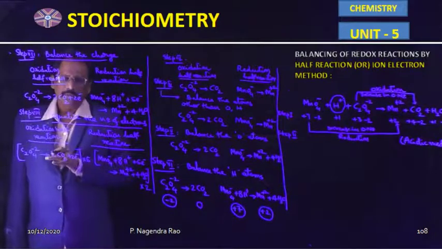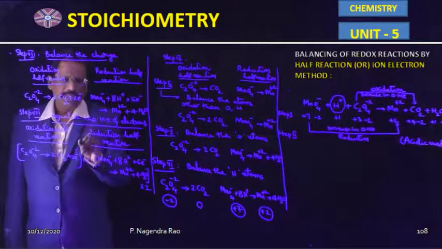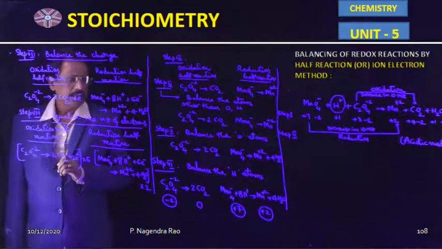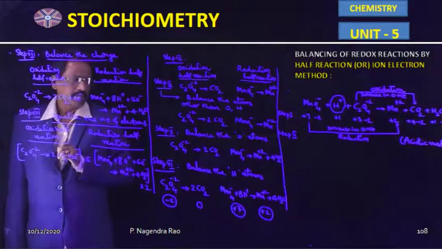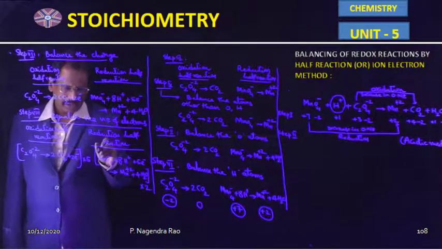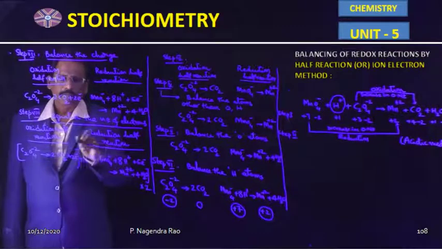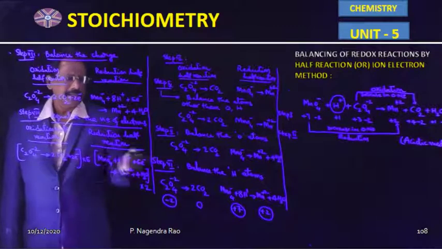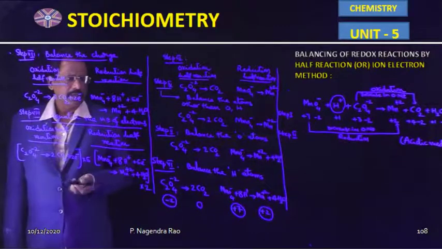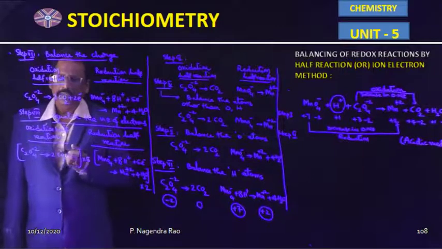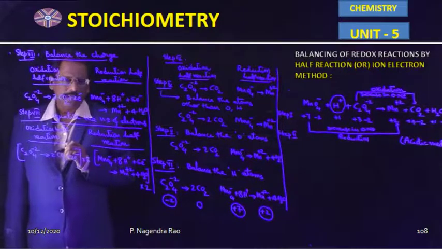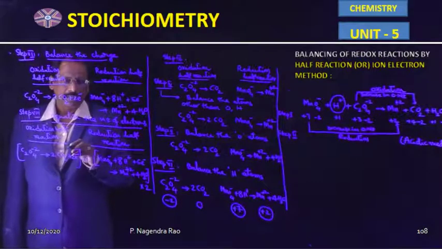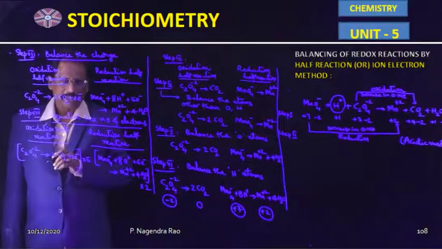Now, up to now, the total number of electrons in the reactant side is equal to 10. In the reduction half reaction, in the reactant side, total number of electrons is equal to 10. In the oxidation half reaction, in the product side, total number of electrons are also equal to 10.